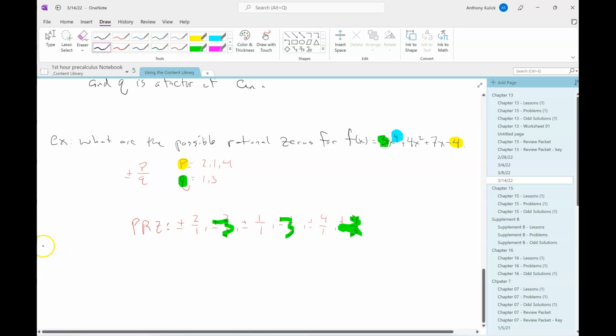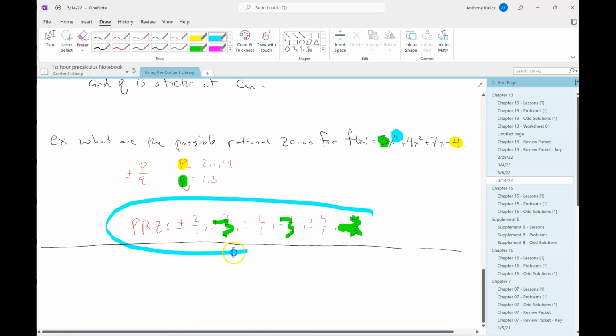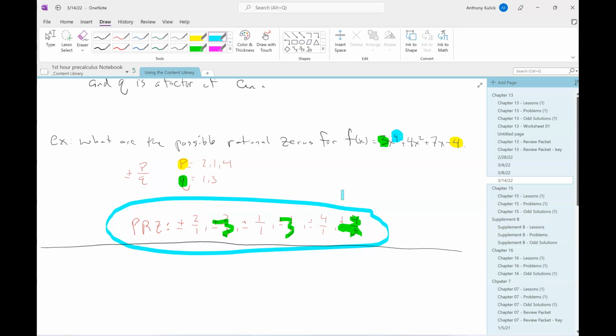So if we consider this list of zeros again, we get this list of zeros, and that's fairly easy to generate. We didn't have to do much to get that. But remember, this is only telling us about rational zeros, things that could be written as fractions.